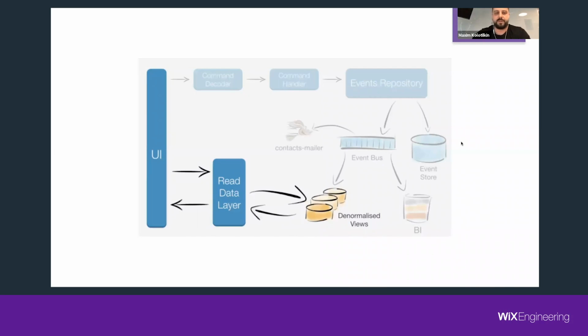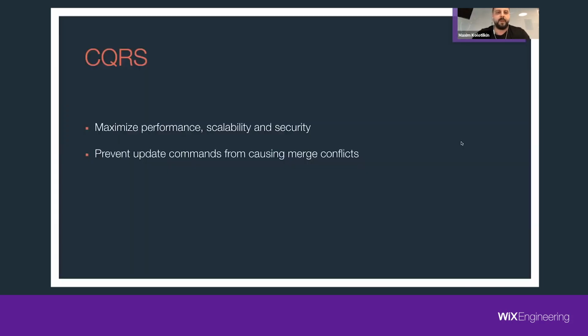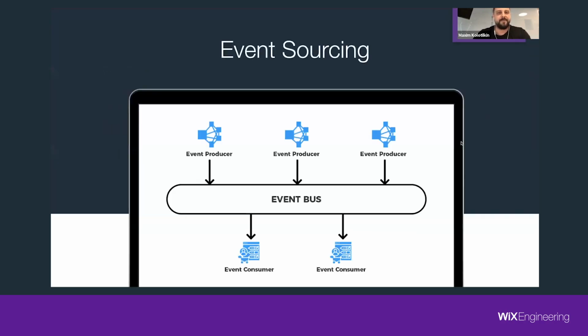So it really works well. Also, CQRS provides other pros like performance, scalability, and other stuff. But that's not the topic of our presentation. If you want, you can dig into more details in theoretical articles.